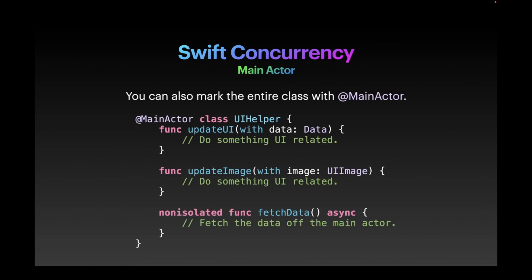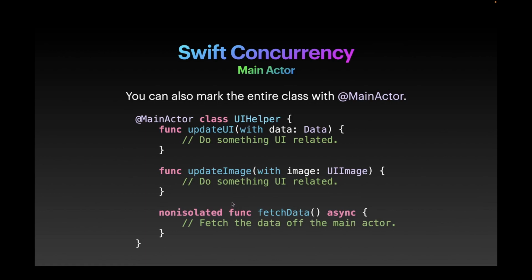By doing so, it essentially serializes all the operations in that class, and all the functions will be assured to run on the main actor, and the main actor is going to run things on the main thread. However, in this case, the nonisolated fetchData function can be an exception.